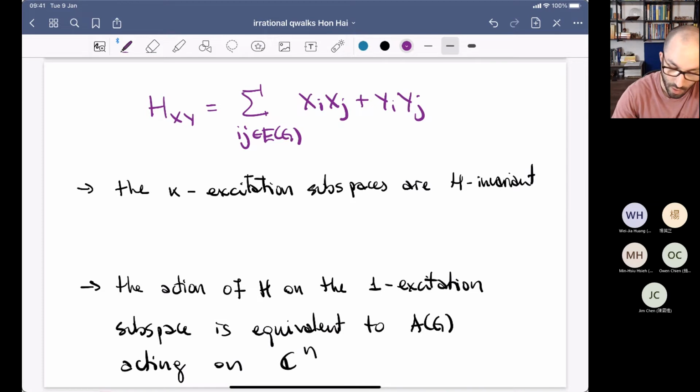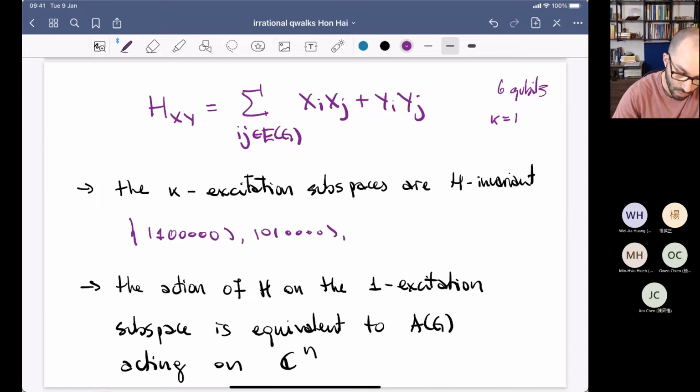Say I have 6 qubits and k is equal to 1, then this is the subspace spanned by 1,0,0,0,0,0, and then 0,1,0,0,0,0, and then 0,0,1,0,0,0, and so forth.